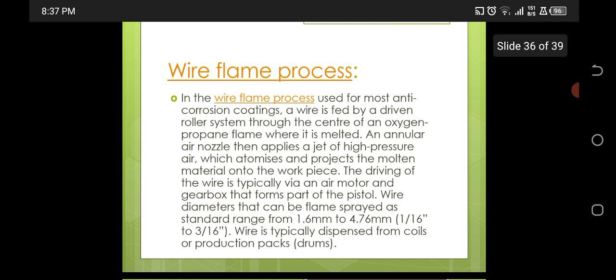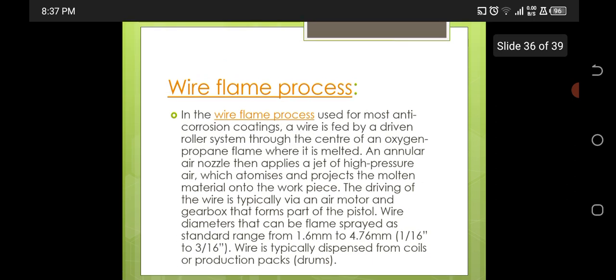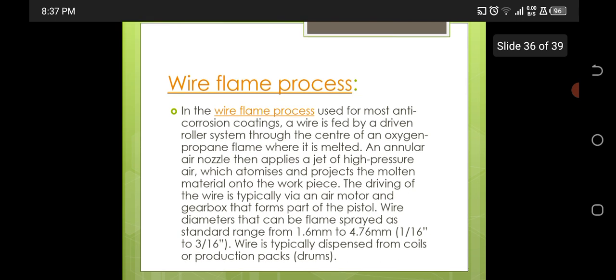The wire is typically taken from coils or protection packs depending upon the application. In this case, we first select the wire with a diameter of 1.6 millimeter to 4.76 millimeter. After that, the wire is fed by a driven roller.